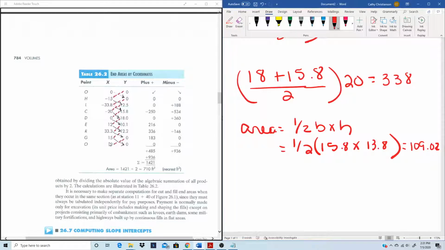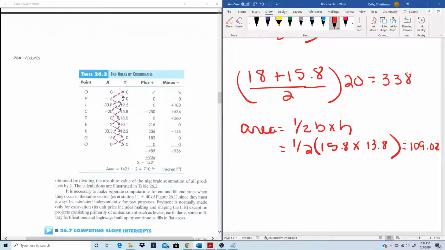So if you'll list all your coordinates, X and Y, and then this time what they did is the solid lines, which is X to 0, they put them over here. It works either way. And then their Y, I made them as the dashed lines. They put these on the plus here. And then remember the formula is 2 area.